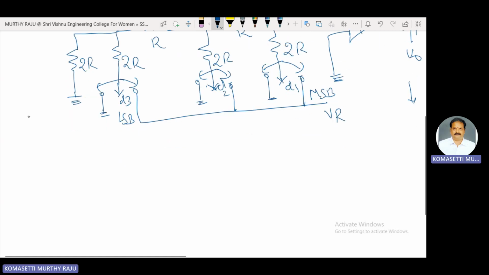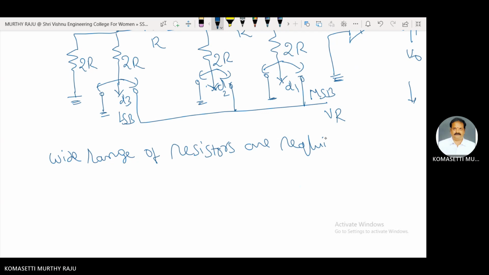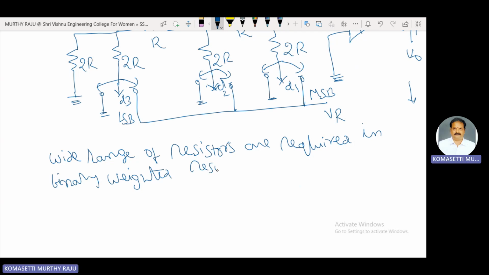In a binary weighted resistor type digital to analog converter, a wide range of resistors is required.